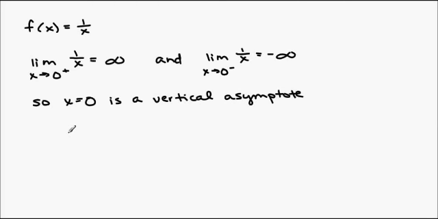So let's look at this quickly. We have f of x equals 1 divided by x, and the limit as x approaches 0 from the right of 1 over x is equal to infinity. So this is the graph that we were looking at in the previous lesson.